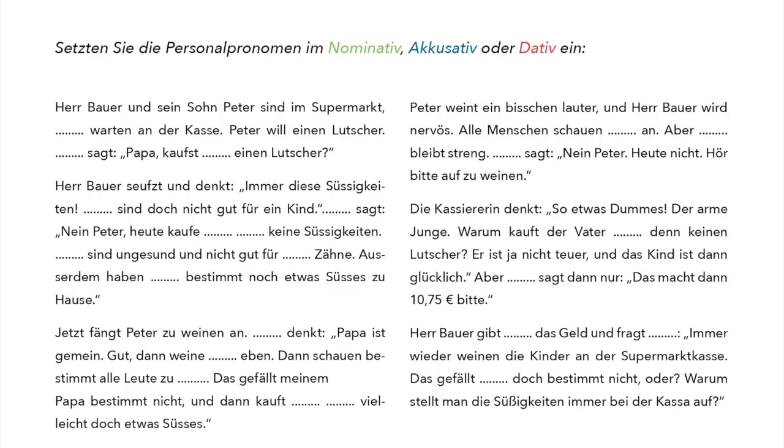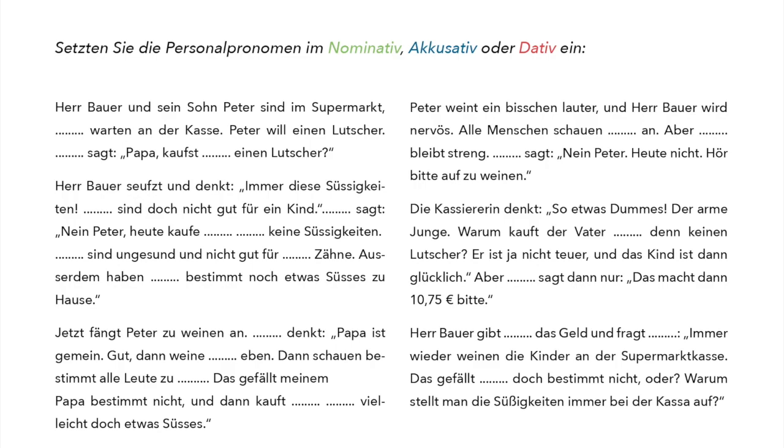In the next page we have a text, guys, and here again the logic is the same. We need to apply the personal pronouns in nominative, accusative or dative. But the text is great. We learn much more from a text because there is a logic behind, there is a context.